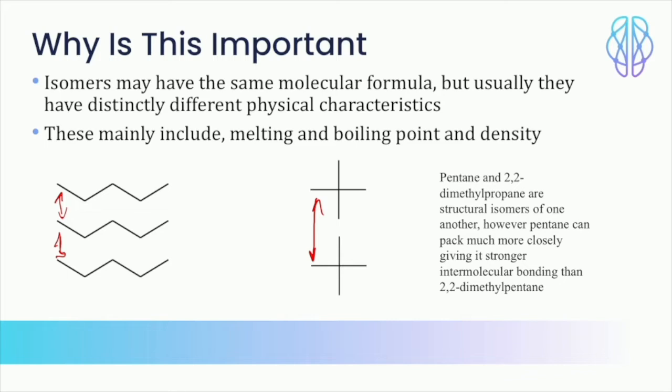Thus, the intermolecular bonding, and we'll have a separate video on intermolecular bonding, so refer to that if you are not familiar with that so far. But for now, the intermolecular bonding between these pentane molecules is going to be a lot stronger than between these molecules due to the shortened distance. Thus, the linear versions of the isomers will tend to have higher melting and boiling points and higher density.